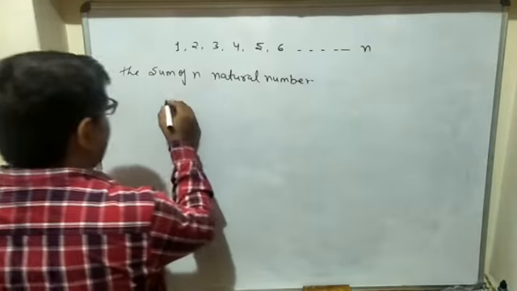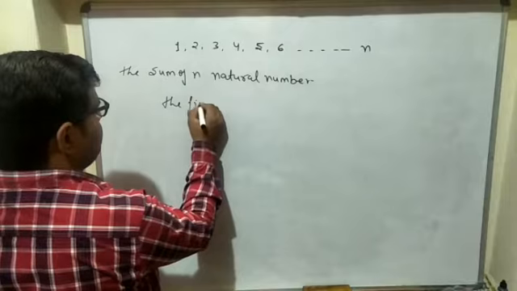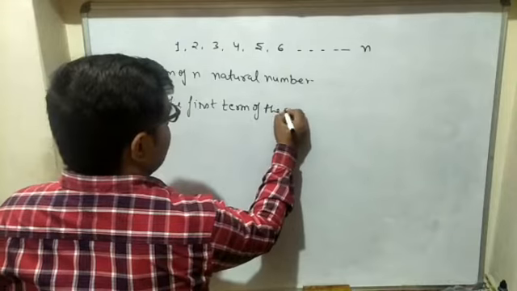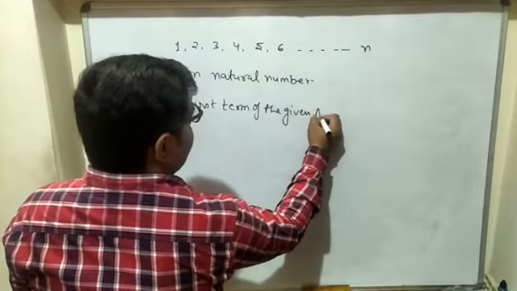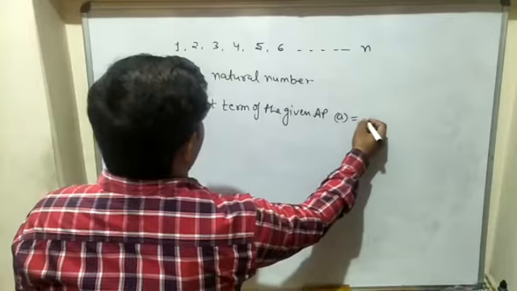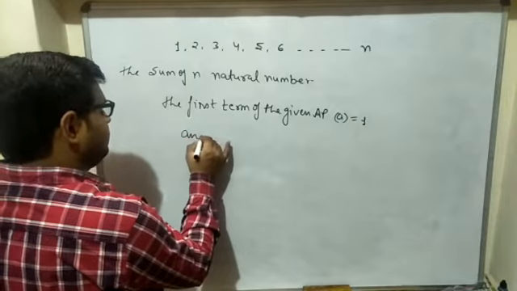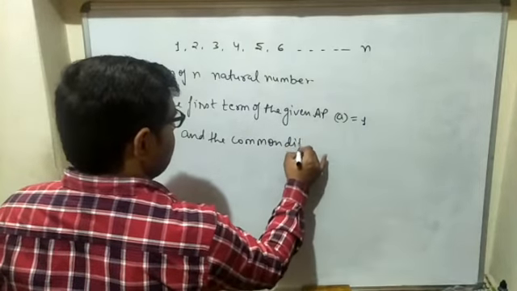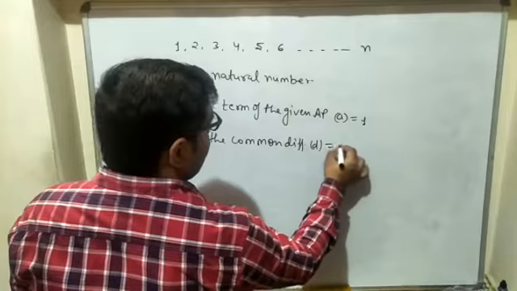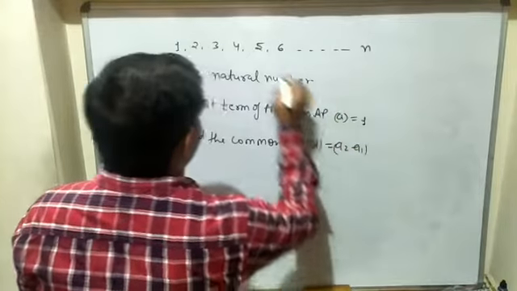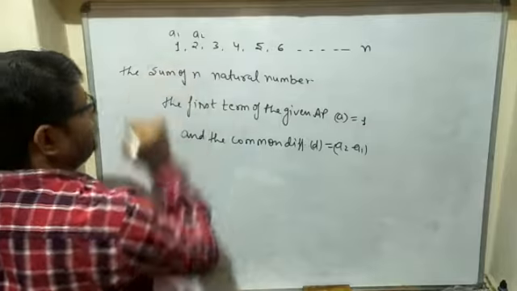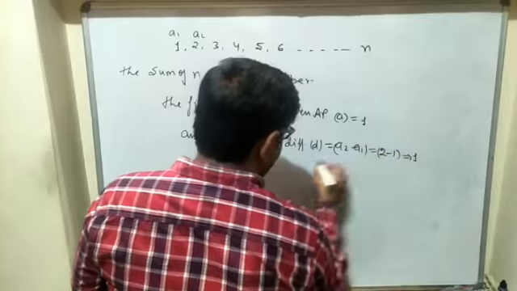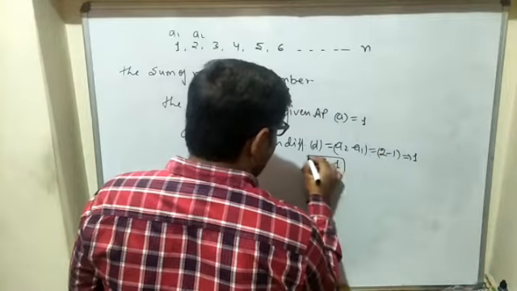Okay, so first of all we write down the first term of the given AP, that is a equal to क्या होगा बेटा हमारा 1, and the common difference d equal to क्या होगा बेटा a2 minus a1, that is a1 and that is a2. So what we are getting, that 2 minus 1, that is 1. It means we get d is also 1.